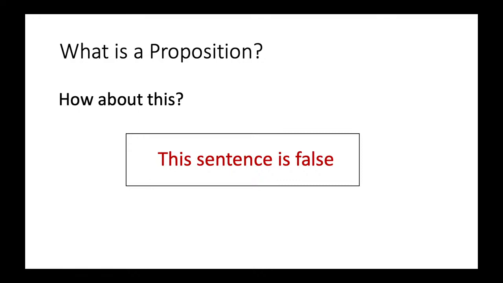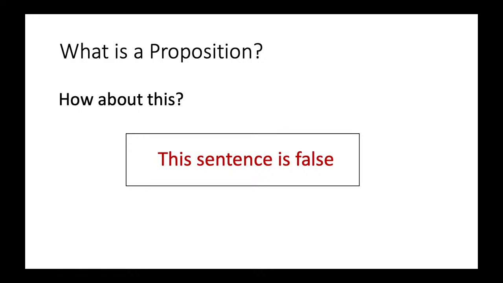So we will see that there is something wrong here. There is a kind of, we will call it, a contradiction going on here. So in conclusion, we will find that this sentence cannot be a true proposition. Is that okay?